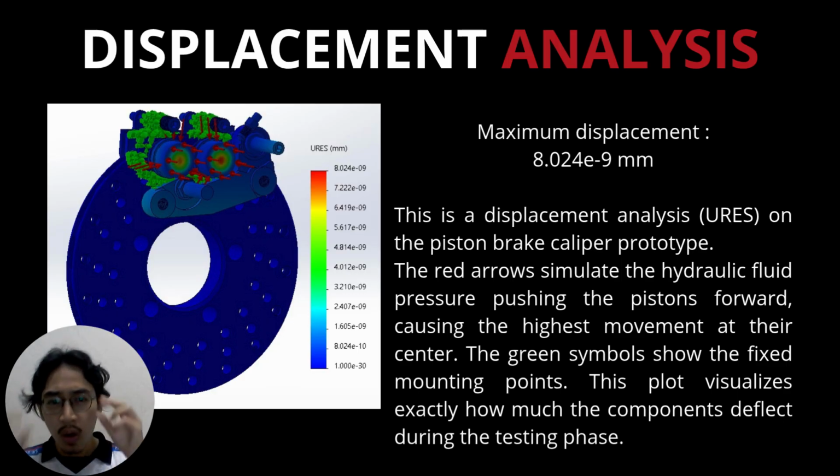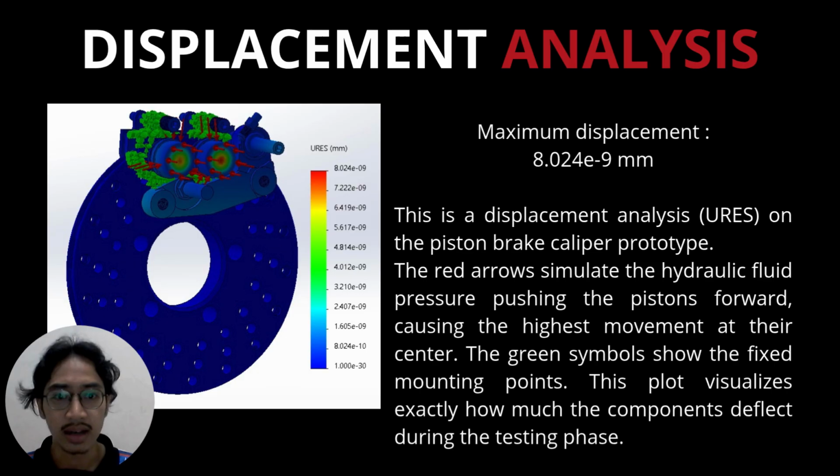If we look closely at the color gradient on the plot, the warm color indicates that the highest amount of movement occurs right at the center of the piston face, which is exactly what we would expect dynamically.